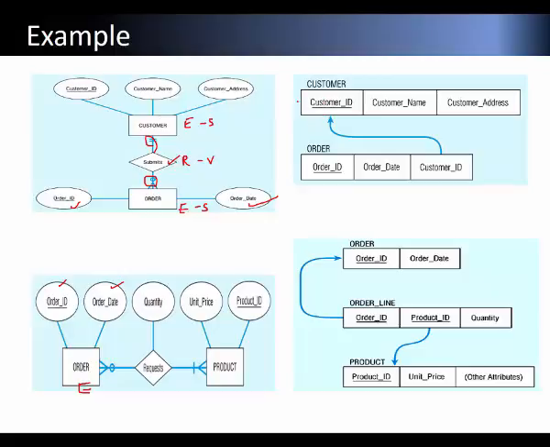In such case, we can make two tables from entity, relationship, and entity models. And this diamond, which relates those two entities, is represented by a referential constraint only, which means customer ID here should appear as customer ID over there.